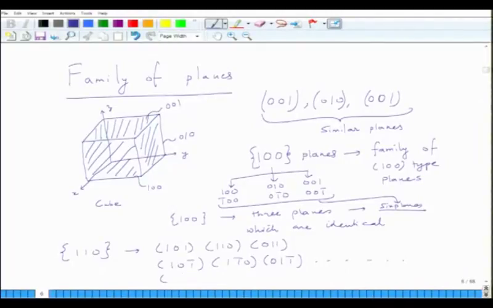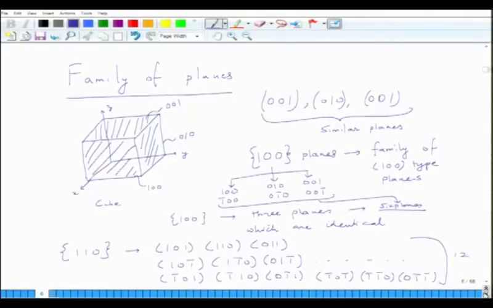So, you can have 1 0 1, 1 1 0 and so on and so forth. You can have bar 1 0 1, you can have bar 1 1 0 and 0 bar 1 1, and you can have bar 1 0 bar 1, bar 1 bar 1 0 and so on. So, there are 12 of these.